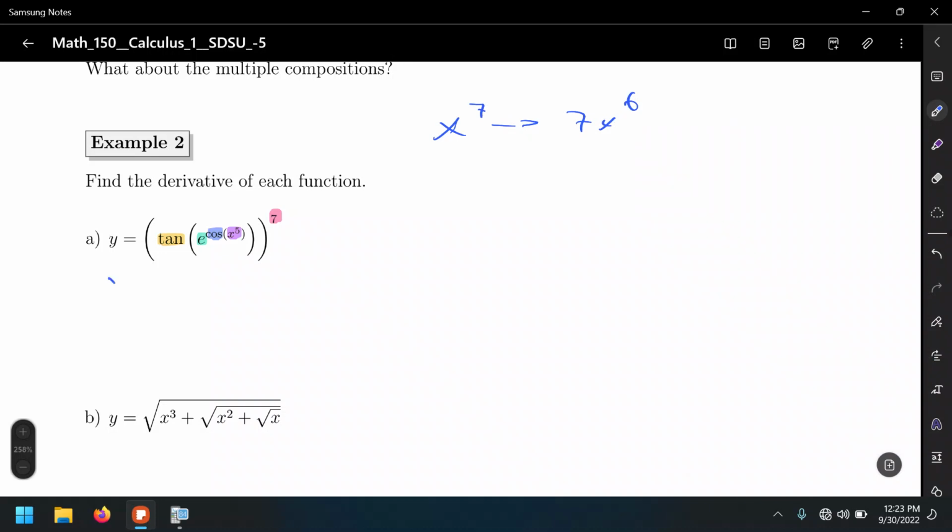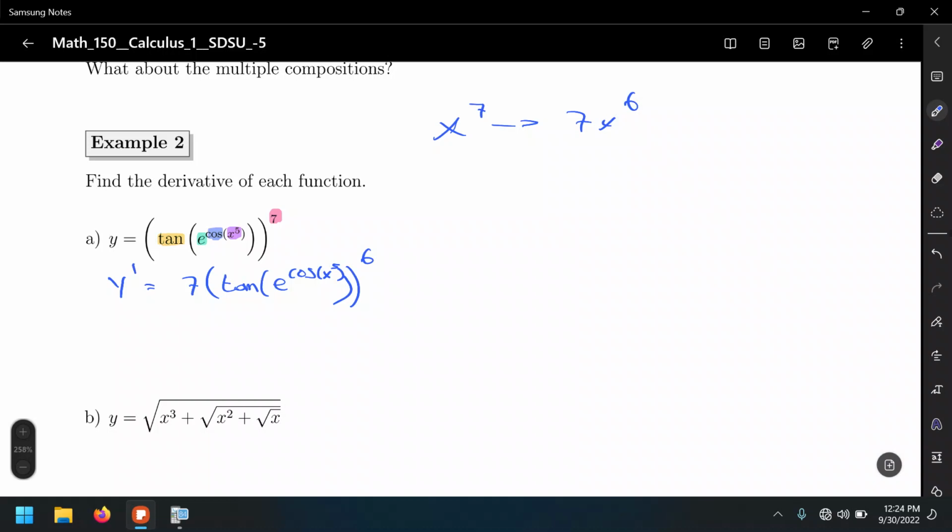So that's what we're going to do here. y prime equals 7 times the madness we have in here to the 6th power. And that madness remains the same, tangent of e to the cosine of x to the 5th. All right, so we just differentiated the outermost layer.